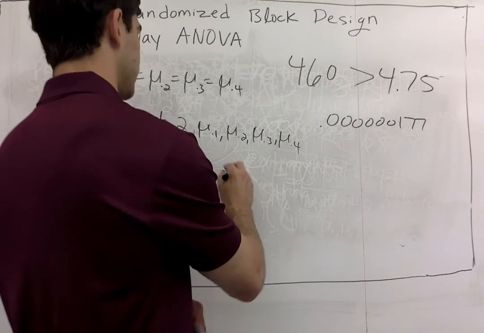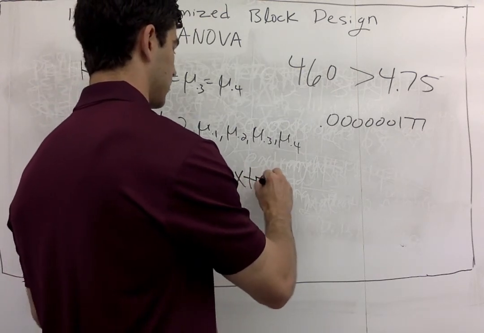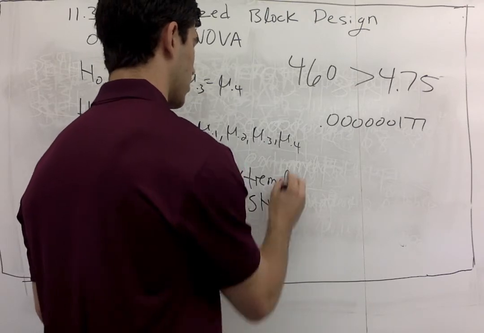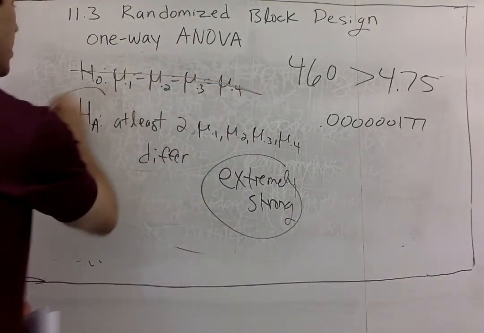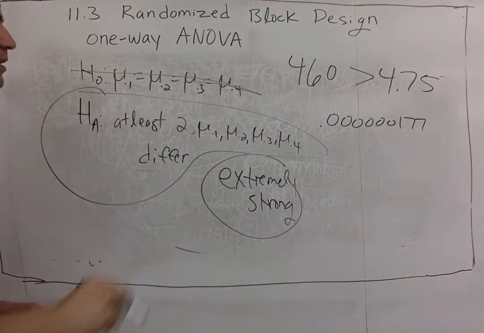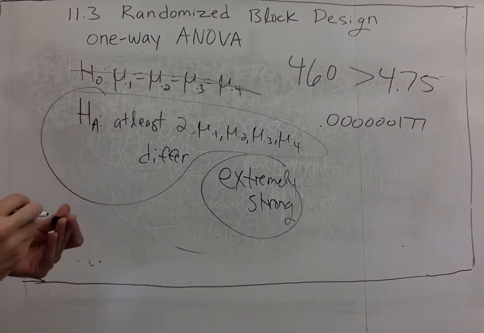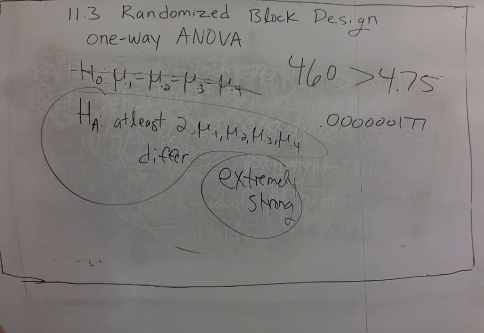So in this case, we also have extremely strong evidence to reject the null hypothesis and conclude that the different stores have different sales potential. Again, we're not going to spend time identifying which store maximizes sales, but we're able to at least determine through this experiment that they do have different sales potentials. So that is the randomized block design.